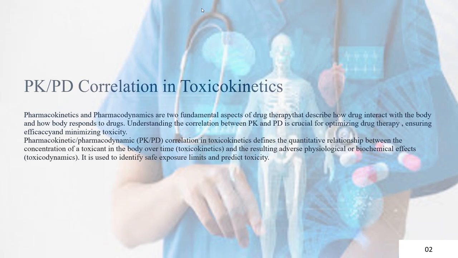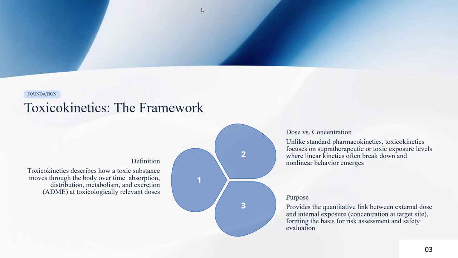As we already discussed the two terms, pharmacokinetics and pharmacodynamics, let's understand what toxicokinetics is. First is the definition. Toxicokinetics describes how a toxic substance moves through the body over time, which includes absorption, distribution, metabolism, and excretion at toxicologically relevant doses.